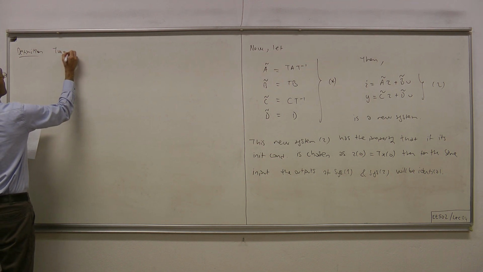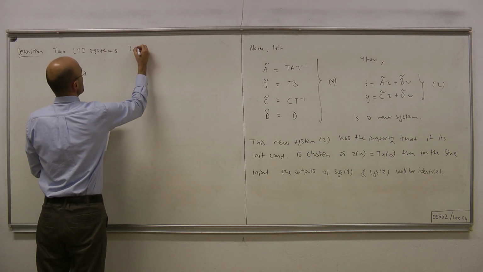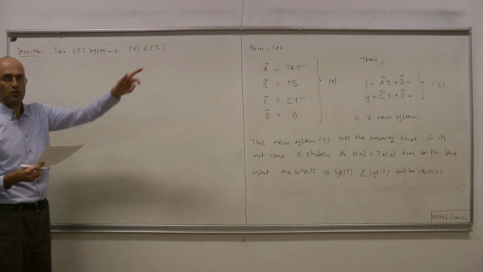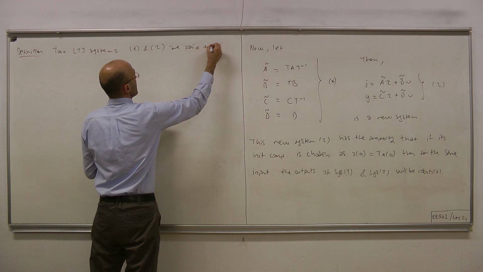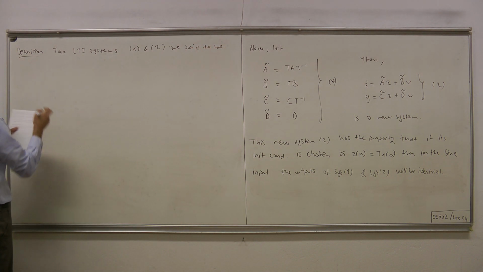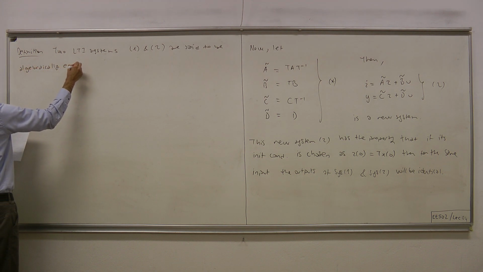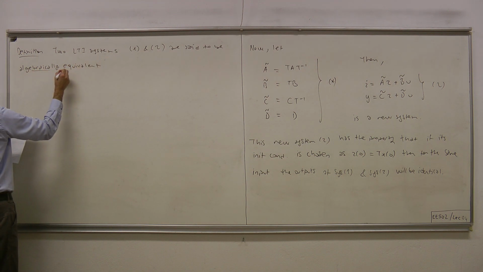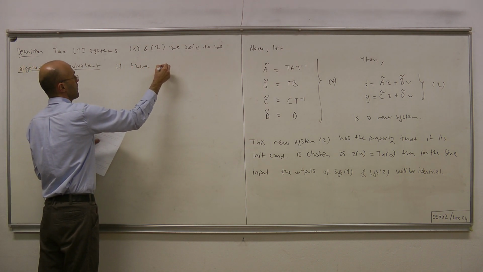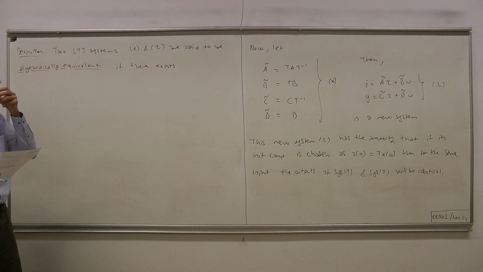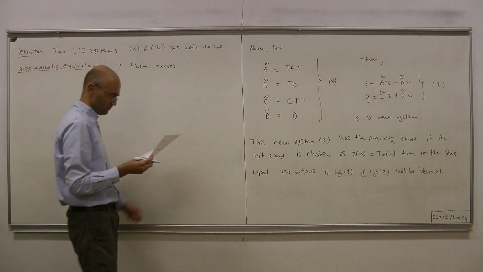Two LTI systems, which we numbered earlier as 1 and 2, 2 is already on the board, 1 I just erased, are said to be algebraically equivalent if there exists a transformation matrix, sometimes called a change of coordinates matrix.